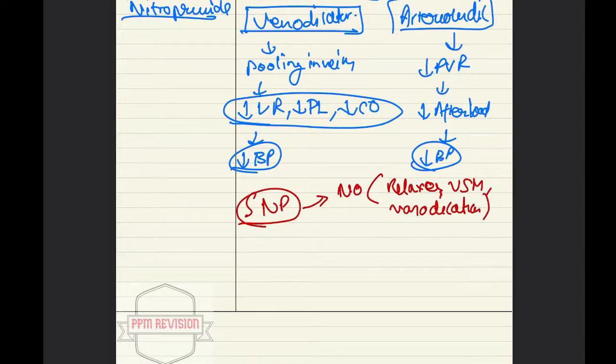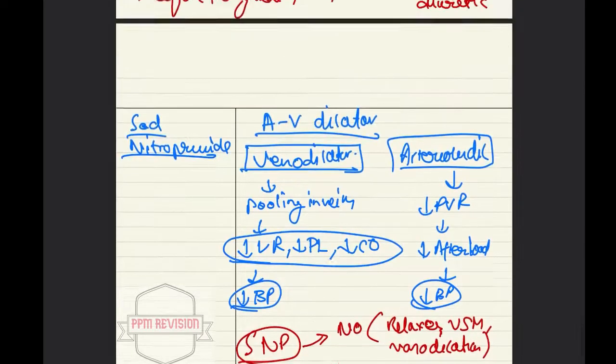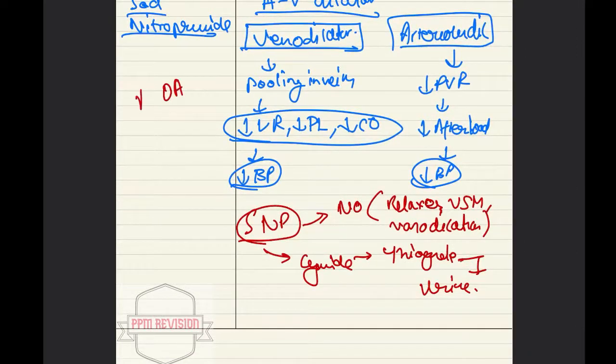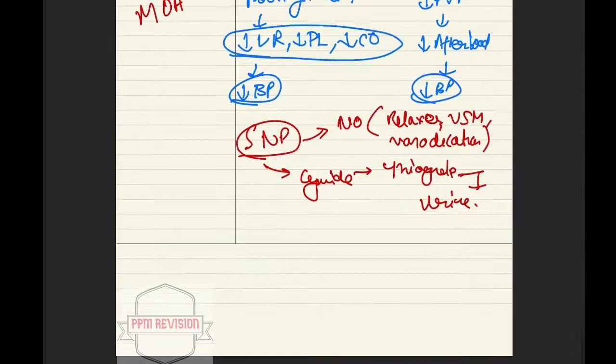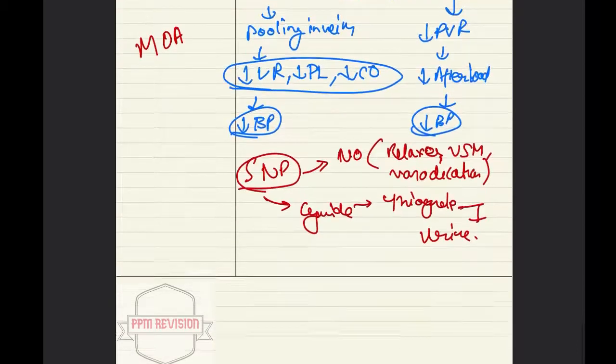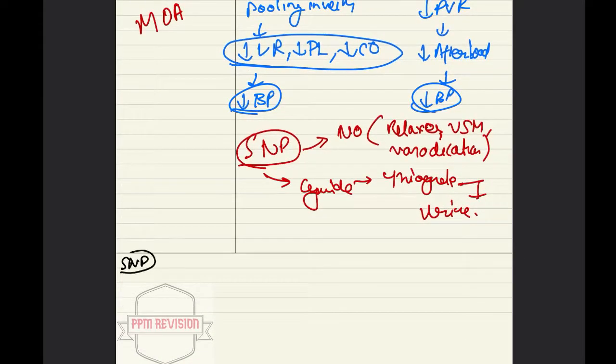Okay, so this was an important point to note, and it also acts on cyanide, and cyanide is converted to thiocyanate and is further excreted in the urine. So now we just went through the MOA, the mechanism of action. Quickly summarizing what we have learned, sodium nitroprusside is a good AV, that is arteriolar and venodilator.